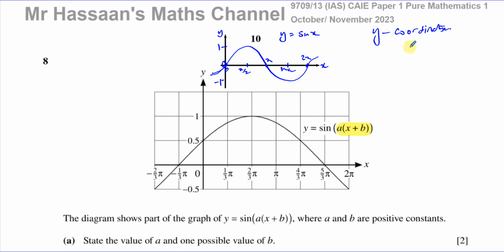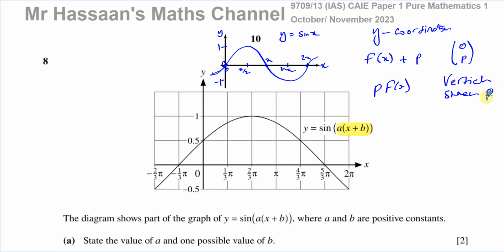Just a little recap. If you have f of x plus, for example, p, that is a translation of p units in the vertical direction, with the same sign. And if you have, for example, p times f of x, that will be a vertical stretch of factor p.